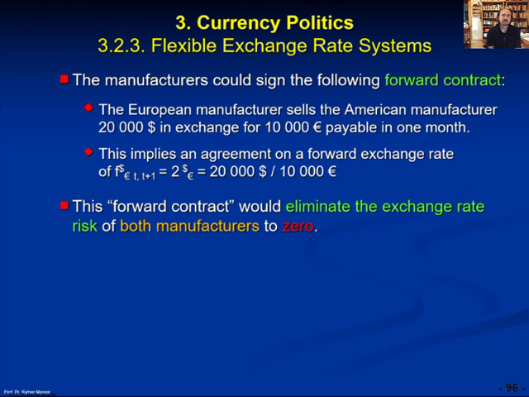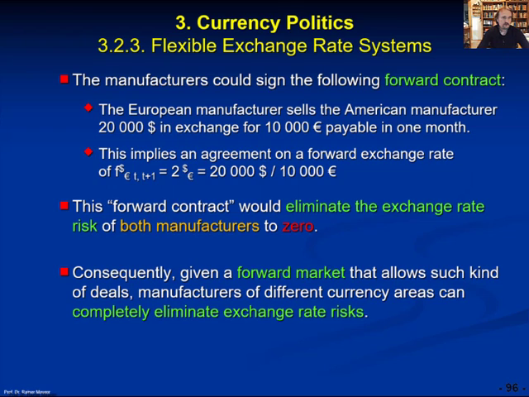So this would be in fact a forward contract. And as we can see in this example, this type of forward contract would eliminate the exchange rate risk of both manufacturers to zero. So the risk would have gone.